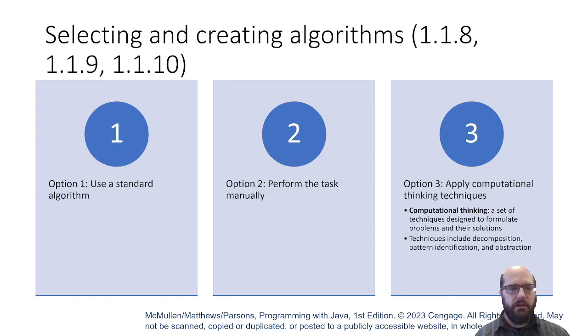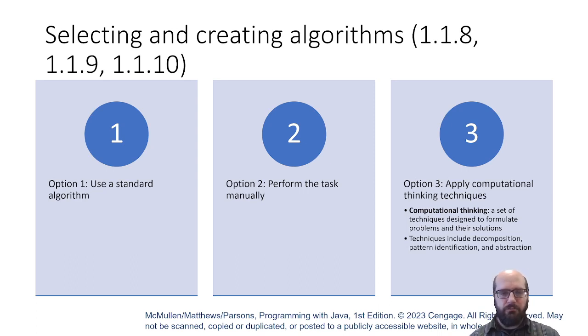All right. There are three ways we can select and create algorithms. One is using a standard algorithm. The second one is to perform the task manually. To give you an example of that, a few years ago I was working on a program and I wanted the computer to figure out something that the user already knew because I didn't want the user to have to retype that part of the program.